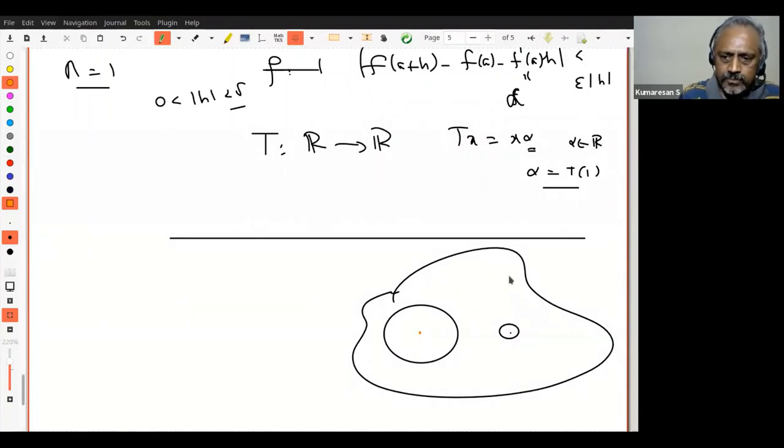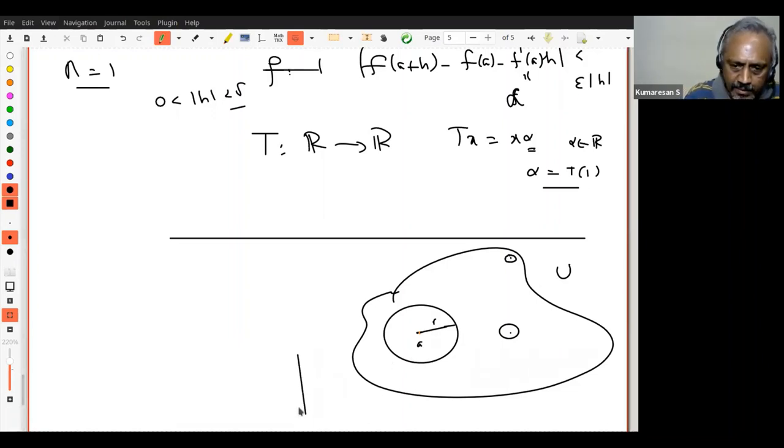Okay, this is your U, this is my A, and everything with radius less than R. This R will depend upon A, because if A is very near the boundary, the R may be very small. Anyway, this is R.